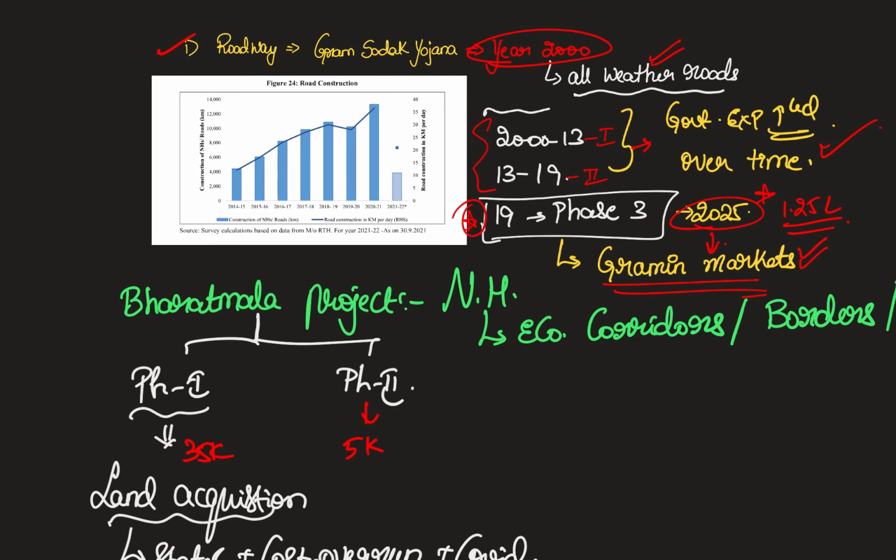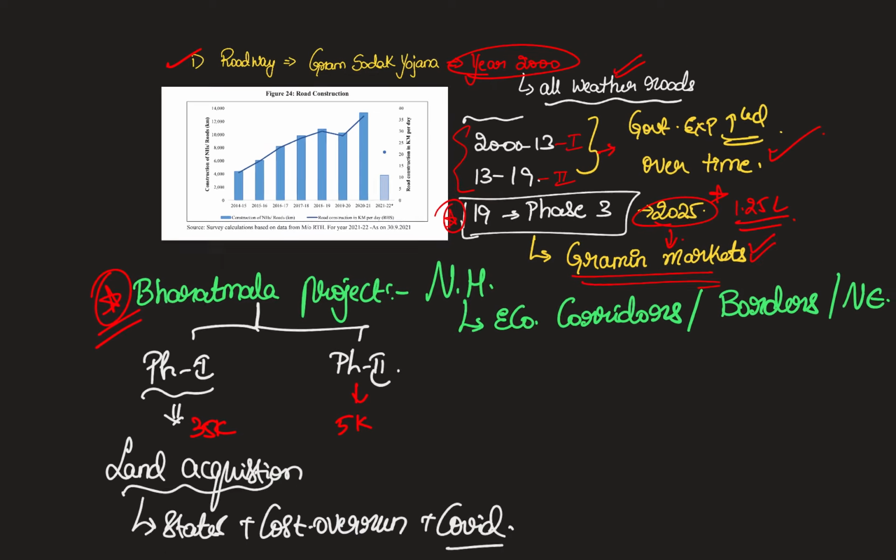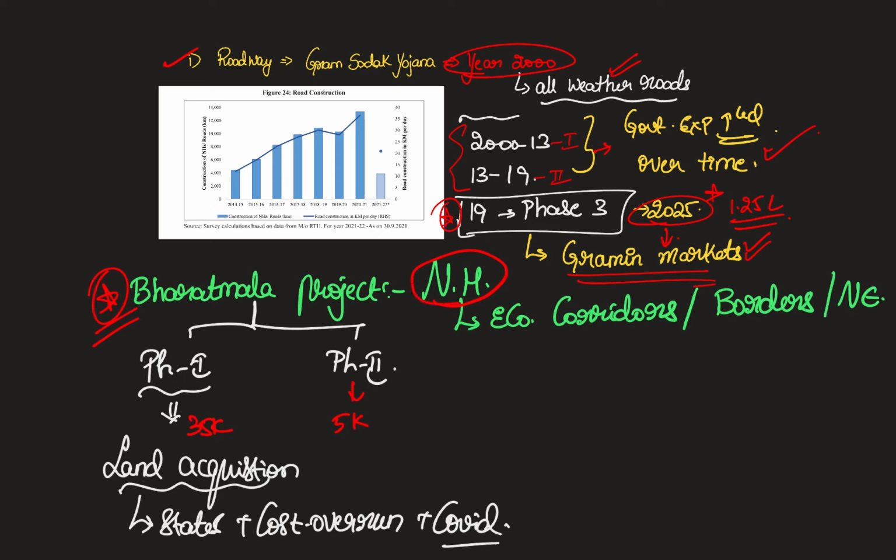The other segment after rural roads is the national highways part, where an important scheme called the Bharatmala project is important to know for our exam. This national highways construction focused on important economic corridors, border areas, and the northeast region. Two phases were there, and the first one did not reach its target mainly because land acquisition is a big issue.